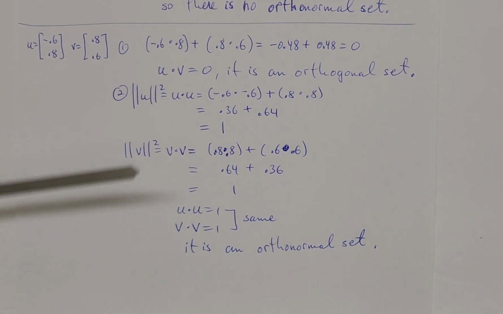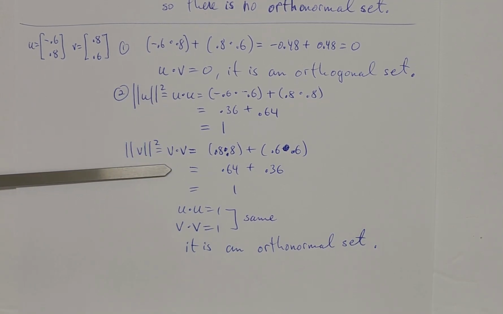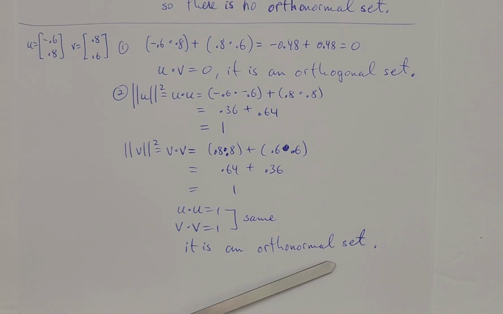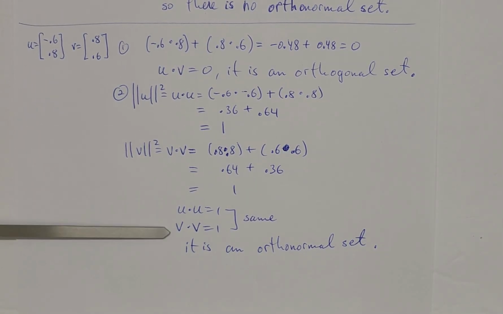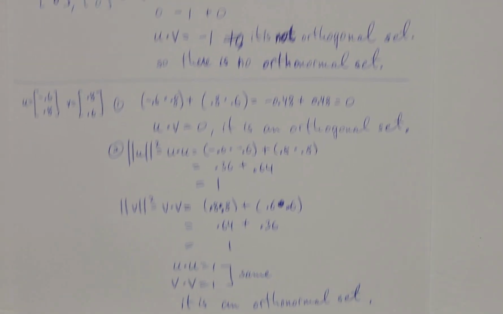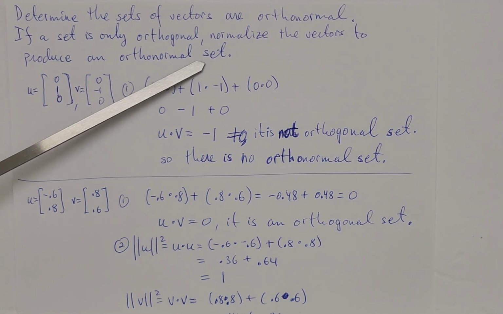Then, when you multiply each vector by itself, if they come out the same, it is an orthonormal set. If they are not the same, then you have to normalize so that it can produce an orthonormal set.